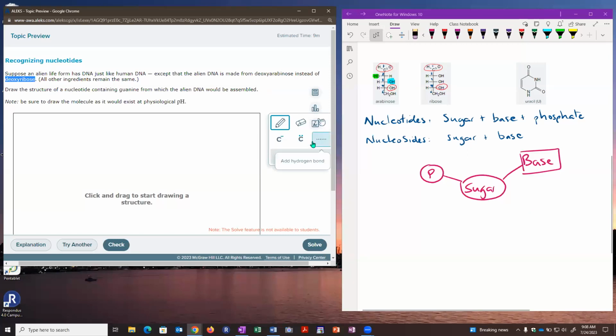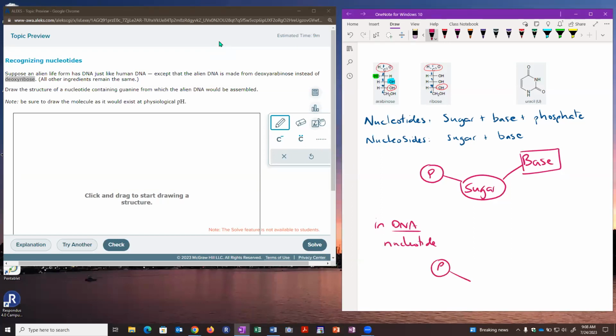So typically in DNA, we have our DNA nucleotide. We have our phosphate connected to our sugar. The sugar is deoxyribose, and then that's connected to our nitrogen-containing base on the right.